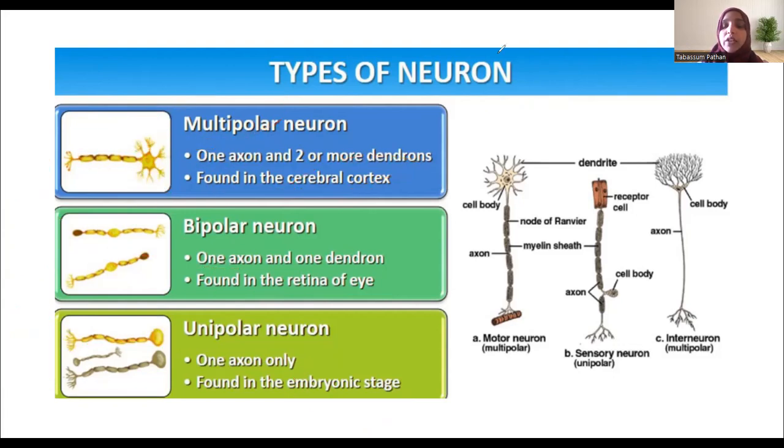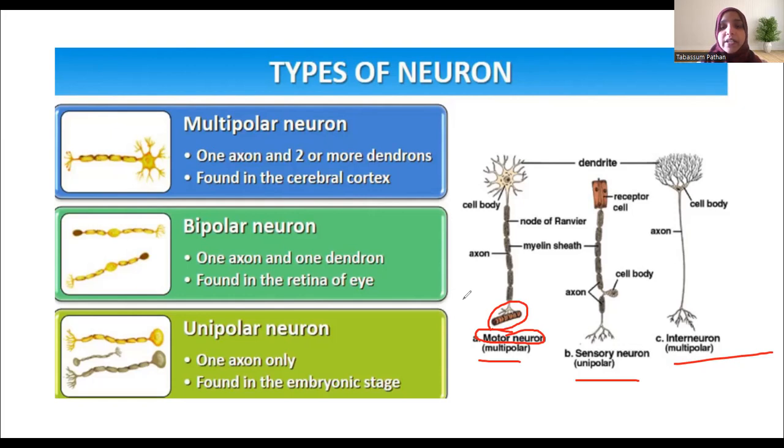Also, depending upon the type of their function, neurons can be motor neuron, sensory neuron, or interneuron. If the neuron is giving the information in the form of some activity, for example, sitting or running, then we will call it a motor neuron.